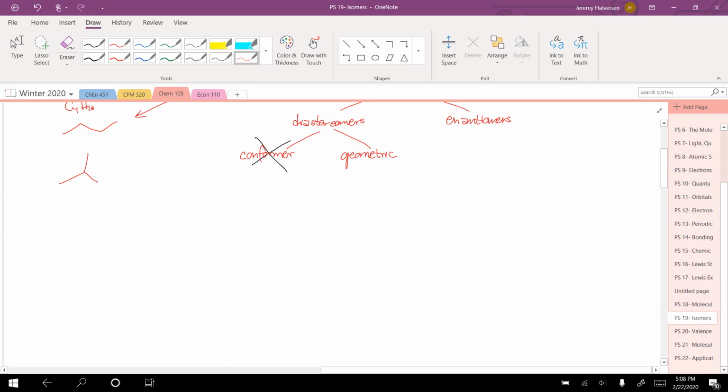So if I were to give you these two molecules, these now have the same chemical formula. These are C4H8. And they're different molecules because one, the double bond locks it up and the other locks it down.